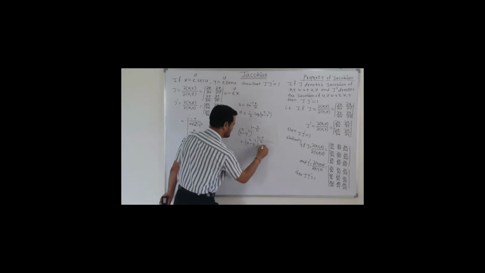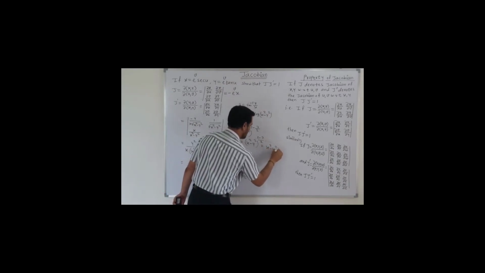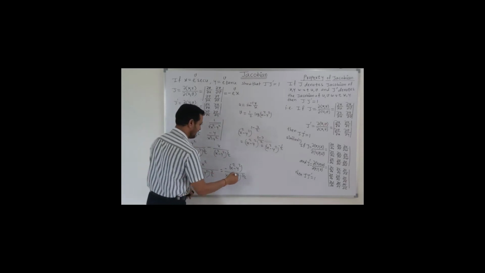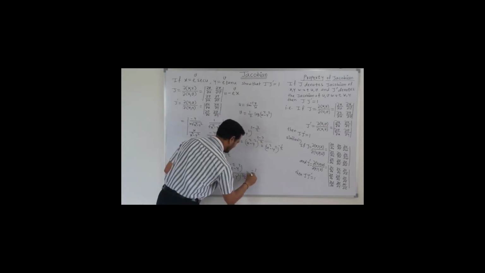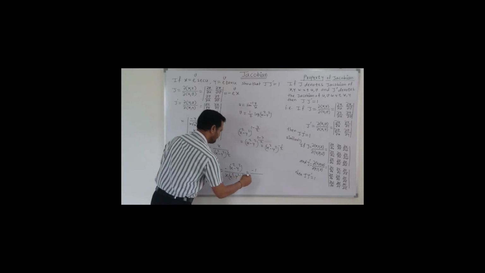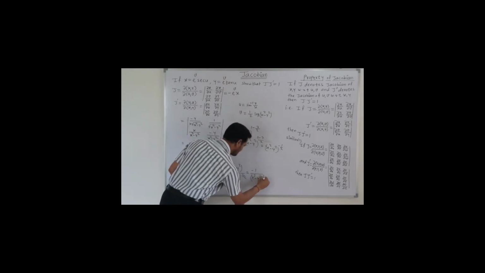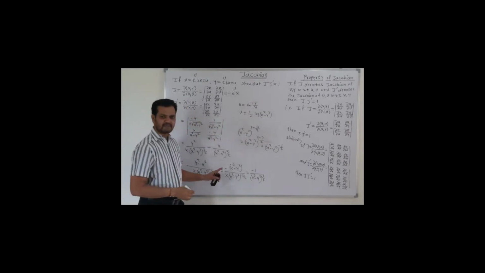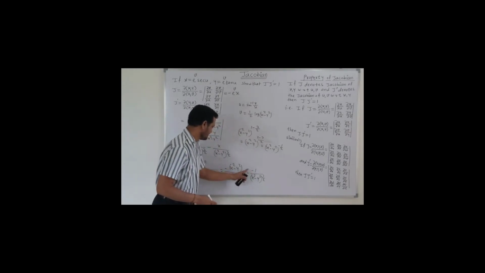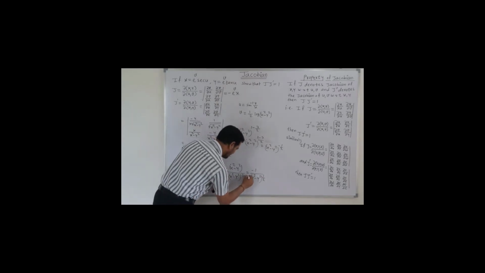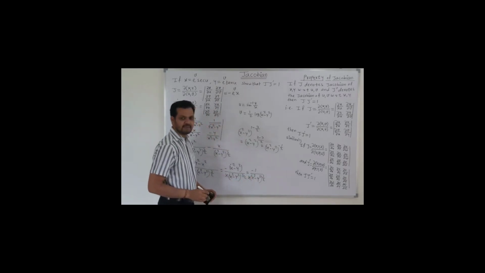So we get x square minus y square raised to minus 1 half. And this minus 1 half indicates that this is 1 upon x square minus y square raised to 1 half, right? The minus sign remains as it is, then these two terms become 1 half, and the x term remains as it is.